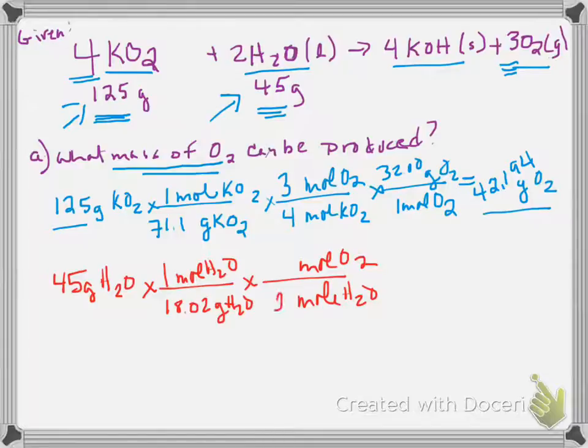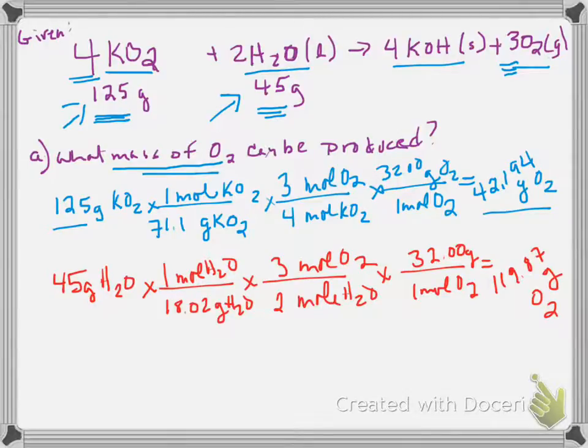That mole ratio is 2 moles of water for every 3 moles of oxygen. And then again convert those moles of oxygen to the mass of oxygen. Okay, so filling in everything, 45 divided by 18.02 times 3 divided by 2 times 32 gives me 119.87 grams of oxygen produced.